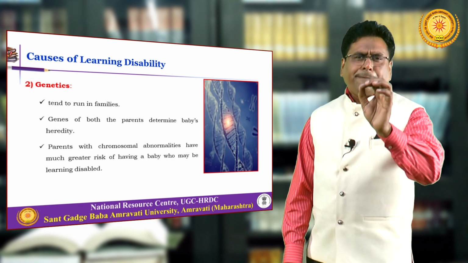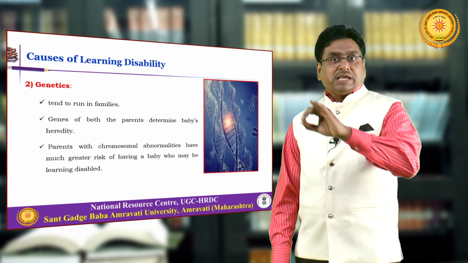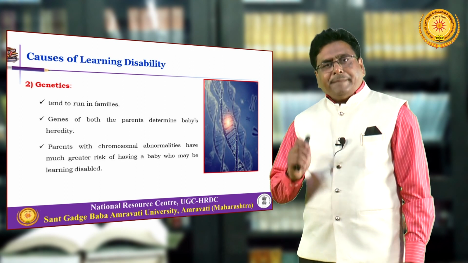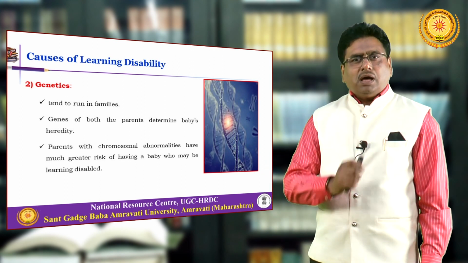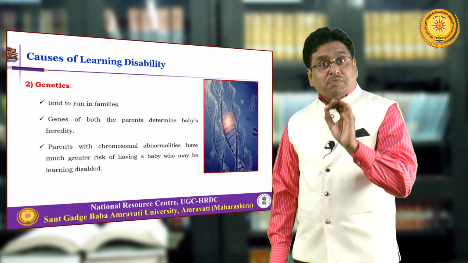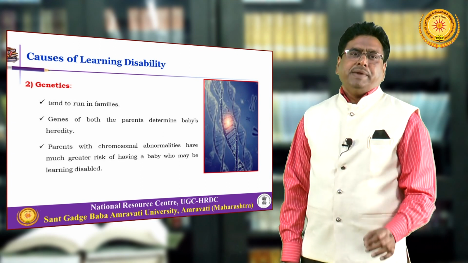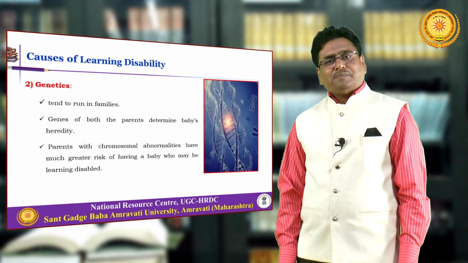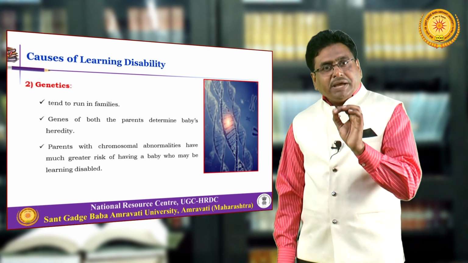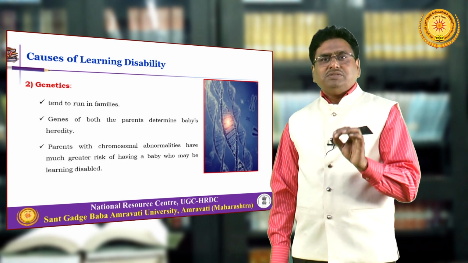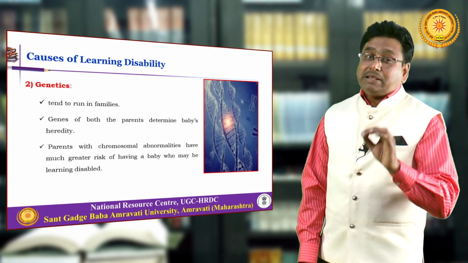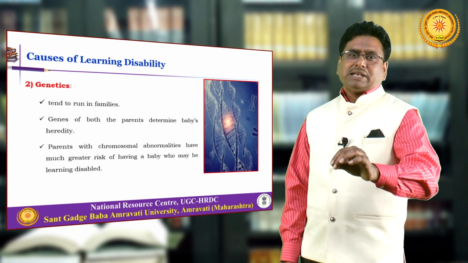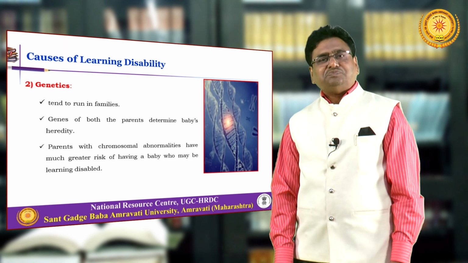Genes of both the parents determine the baby's heredity. Parents with chromosomal abnormalities have a much greater risk of having a baby who may be learning disabled. Children may not necessarily have the same disability as their parents, but may inherit a similar disability.